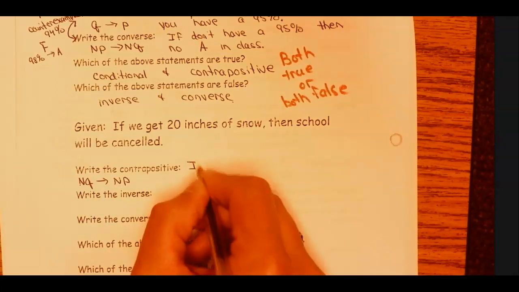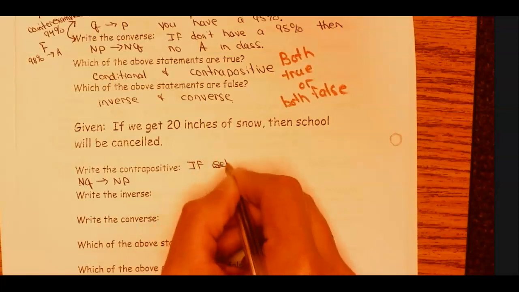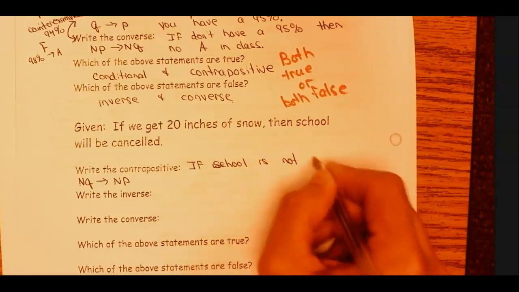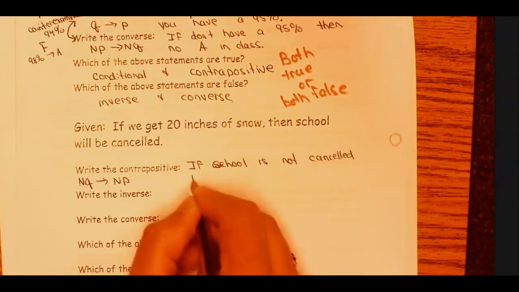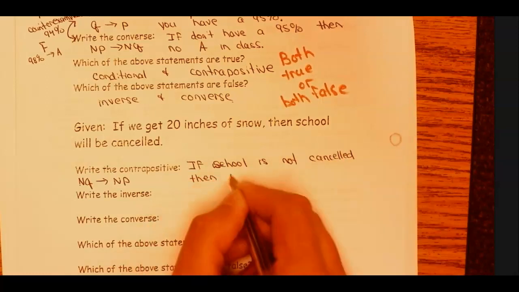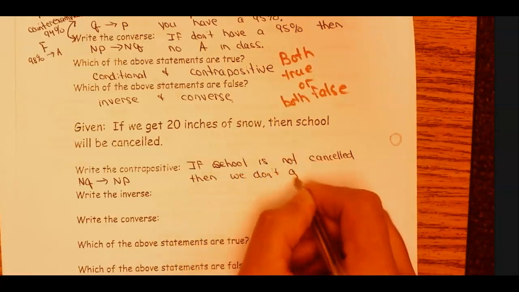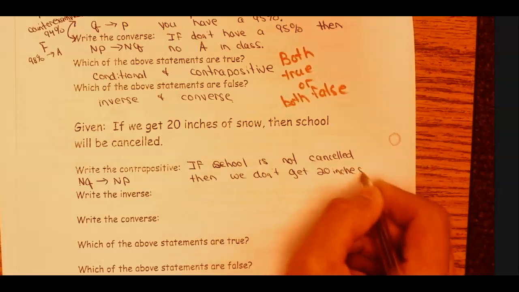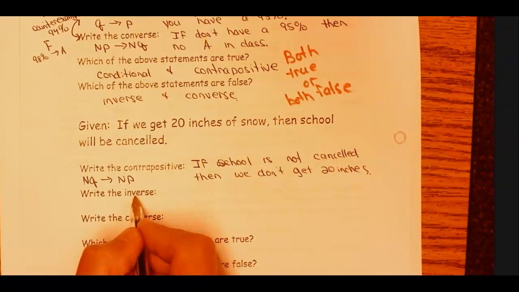So this would be, if school is not canceled, then we don't get 20 inches of snow. Next, the inverse. That's when we flip the hypothesis and the conclusion.